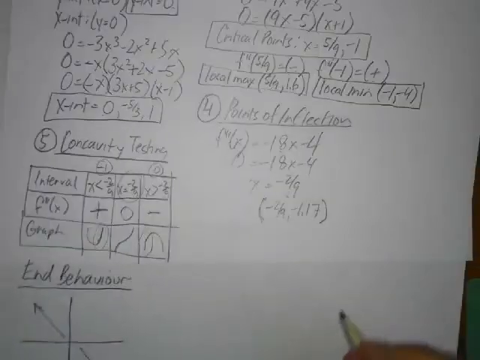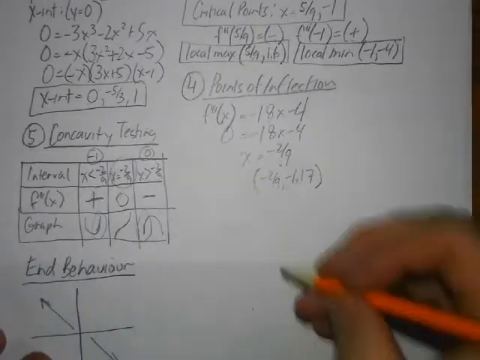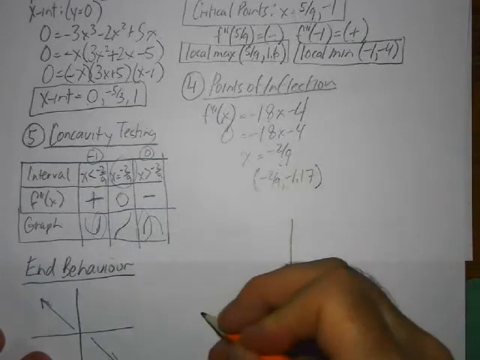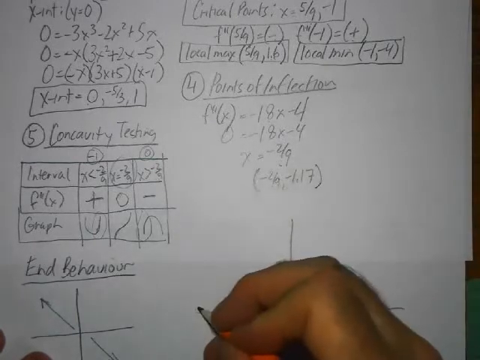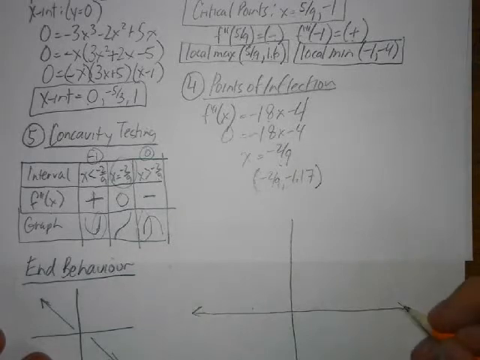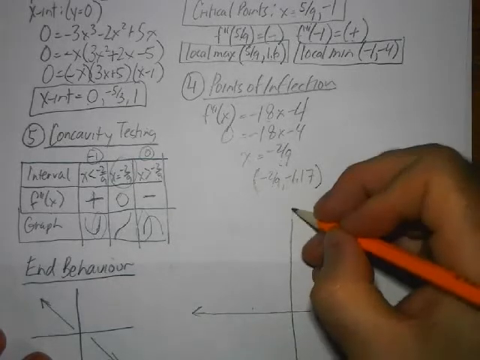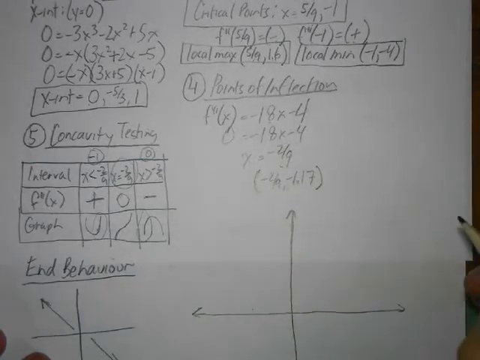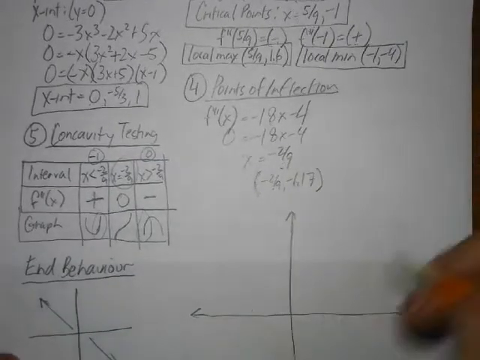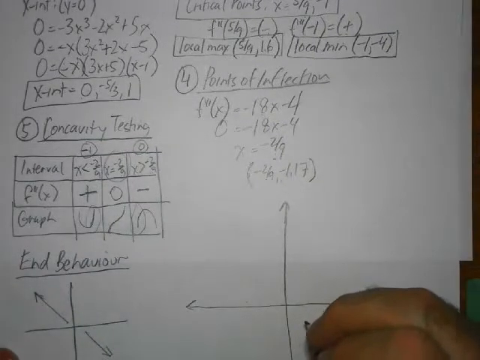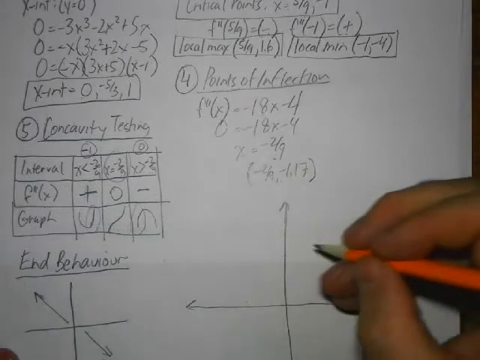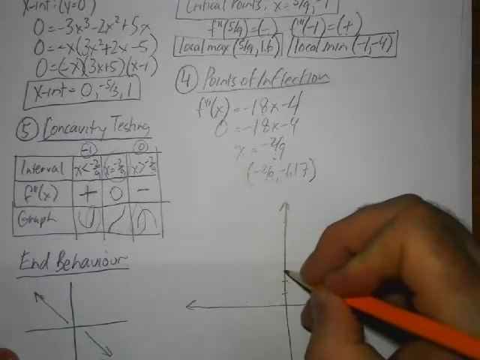Okay, so at this point now we're ready to do our fairly accurate sketch. If you're doing this on an assignment, I would like you to use either a grid or a ruler. So I'm going to make my grid.